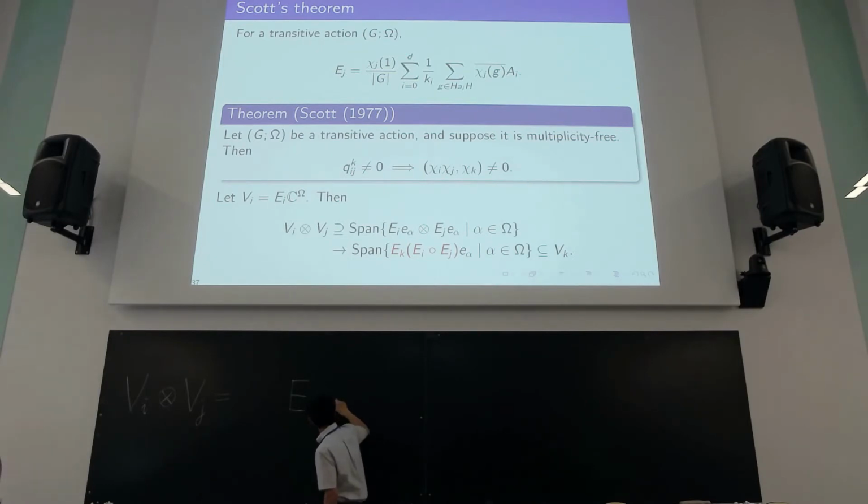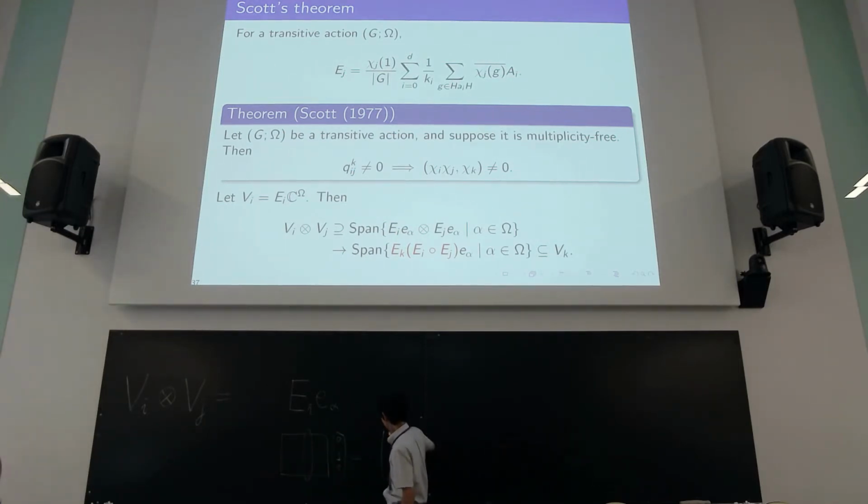So this means that I have an Ei, and e alpha is a standard unit vector. So the product is that this alpha column of the identity, this is matrix Ei.